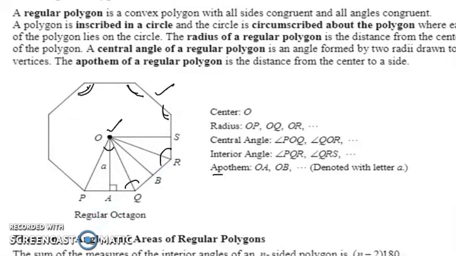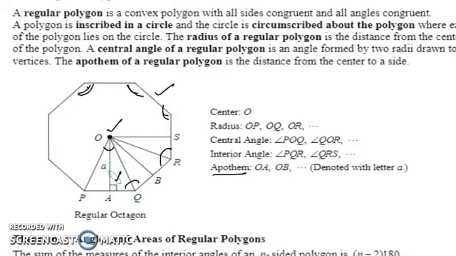And what is apothem? Apothem is a line joining the midpoint of PQ, the side of this polygon, with the center O, and this angle OAQ will be perpendicular, that is 90 degrees, to PQ.